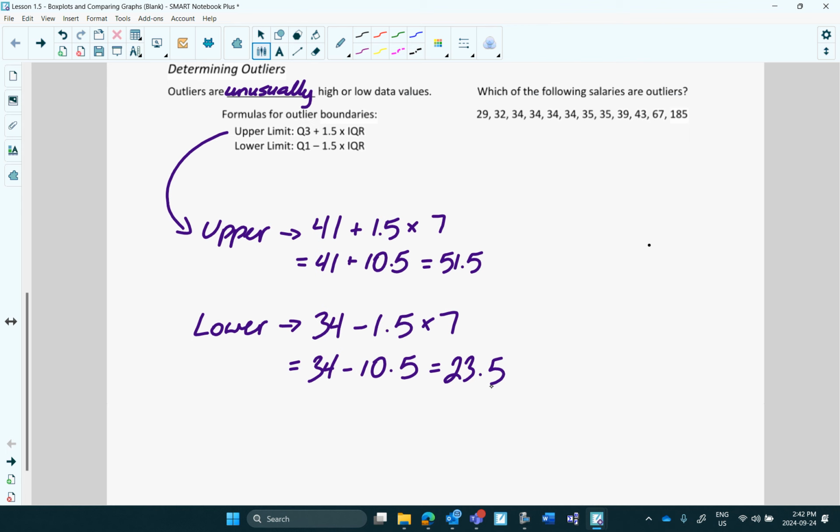So now we go back to our original list of data values, or our distribution. Are there any values that go above 51.5 or below 23.5? Yes. Those two.